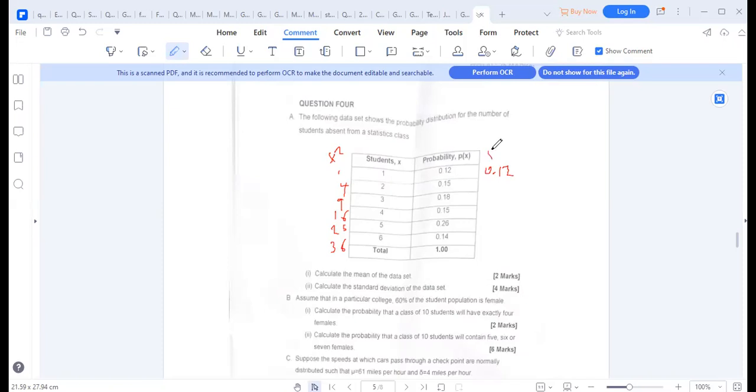This is x p(x). 2 times that one, 0.3, 3 times that one, until you finish all of them. You will discover that your mean is 3.7. Two marks.